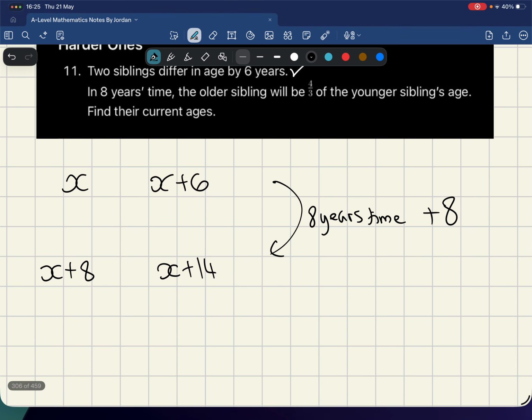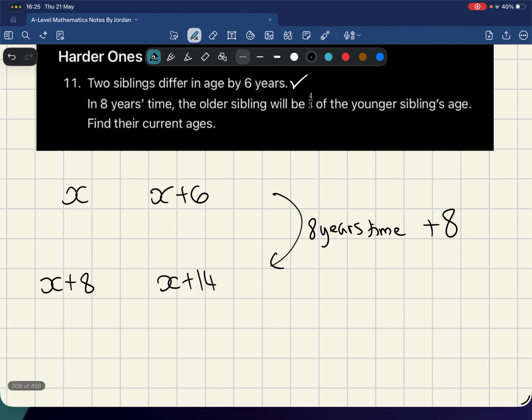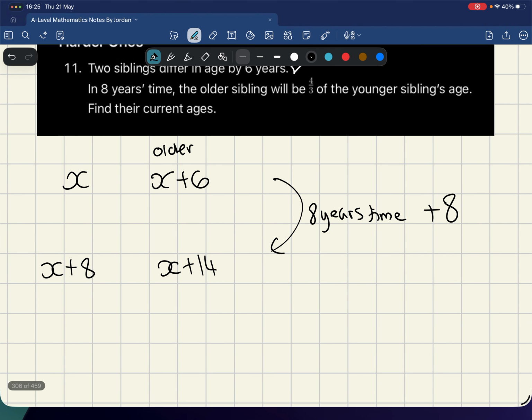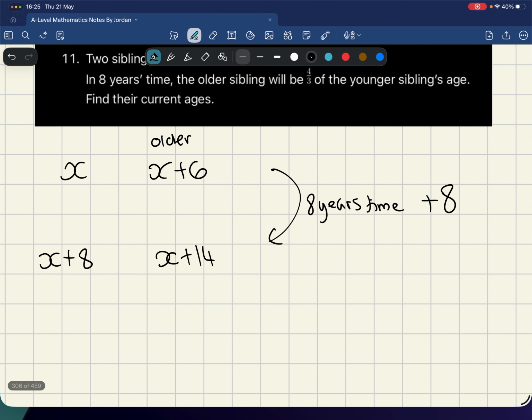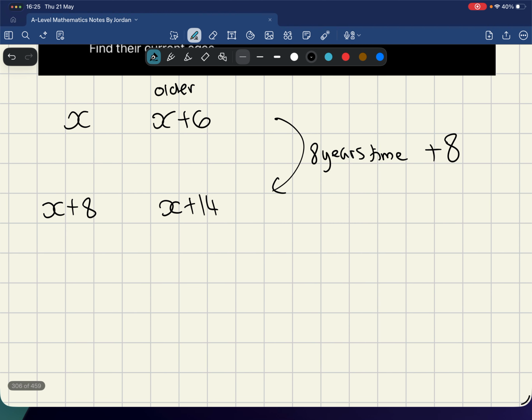Then it's also telling us that the older sibling will be 4/3 of the younger sibling's age. The older sibling is this one, because he's always 6 years older. So how do we write that as an equation?